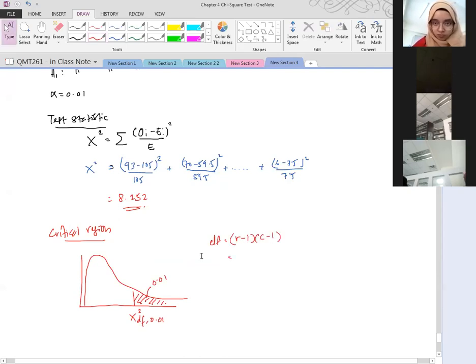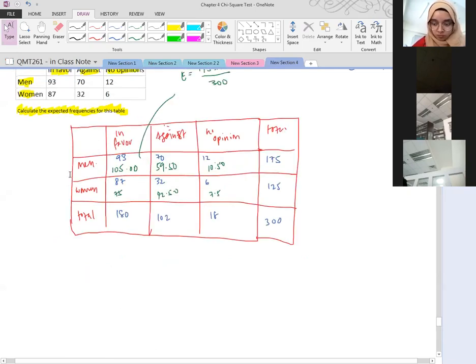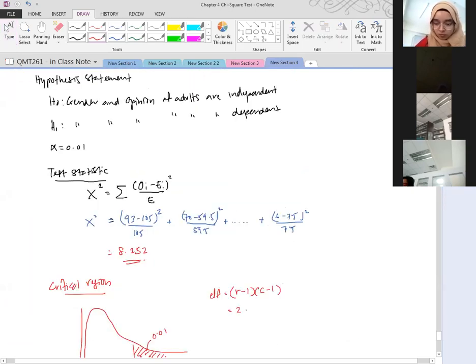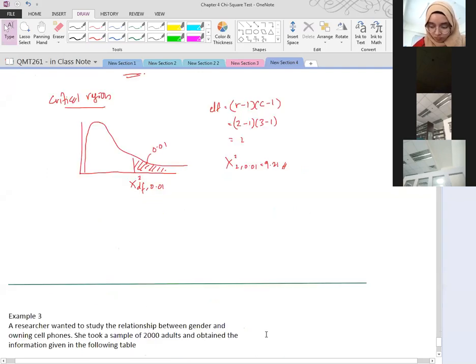We have 2 rows and 3 columns. So 2 minus 1 multiply with 3 minus 1 should be equal to 2, right? So the chi-squared with 2 degrees of freedom and 0.01 is equal to 9.21, right?